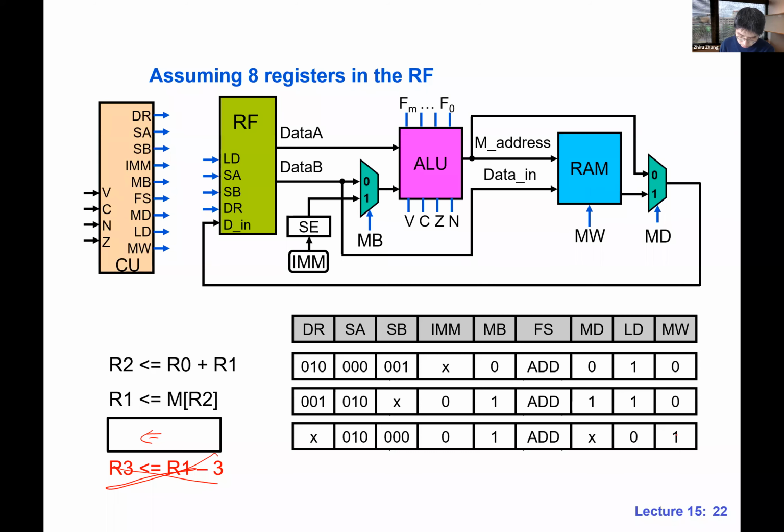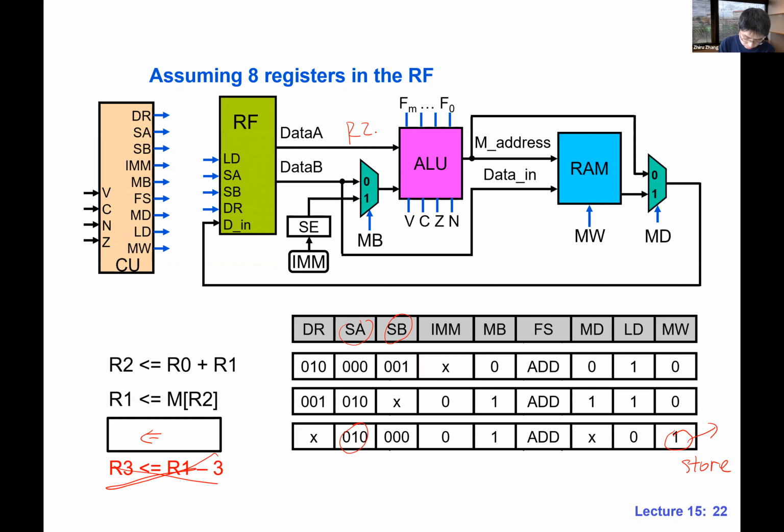Okay, first, just in case you guys missed this, this is store. Memory write is a 1. This is really important, so later on in the homework and also in the exam, pay attention to this one. MW is 1. This is store. That means we are writing to the memory. And then the rest is not that important. All that is important is what SA and SB are. SA is the one that we put over here for the address.